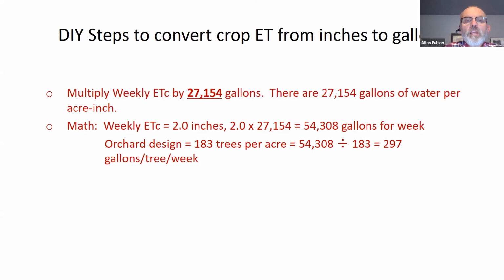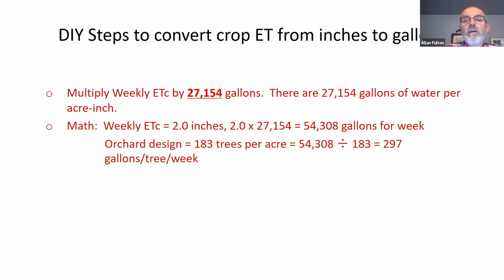The orchard design has 183 trees, so we divide the total gallons per week per acre. We divide 54,308 by 183 trees, and this works out to be 297 gallons of water use per tree per week.